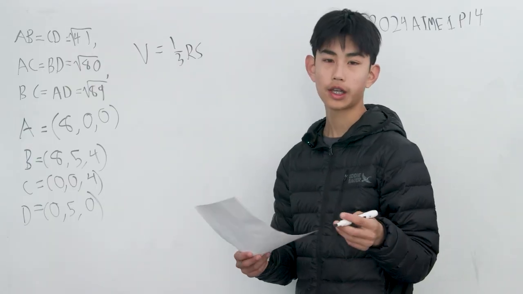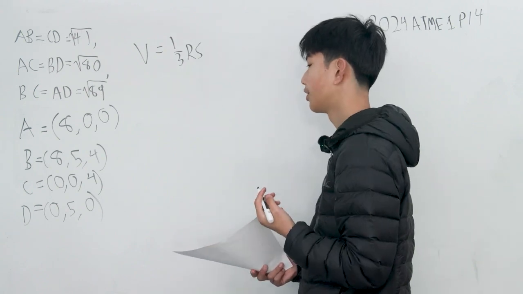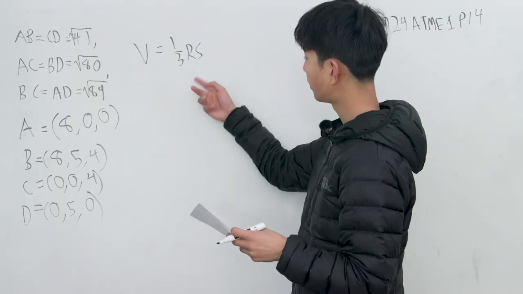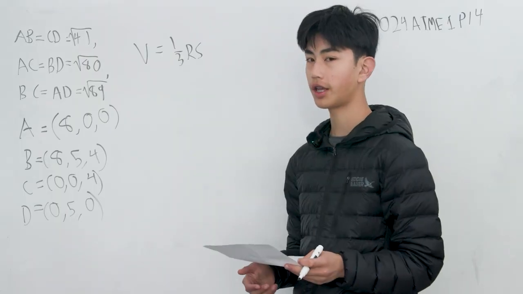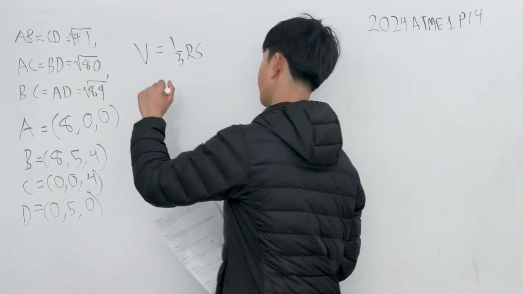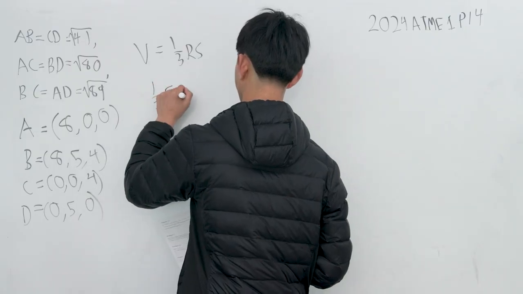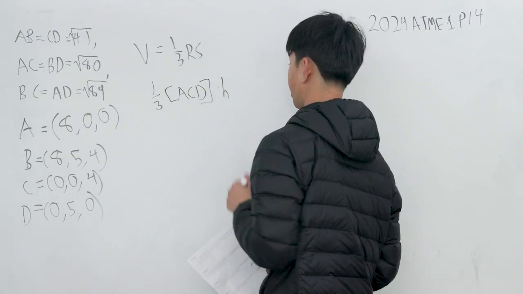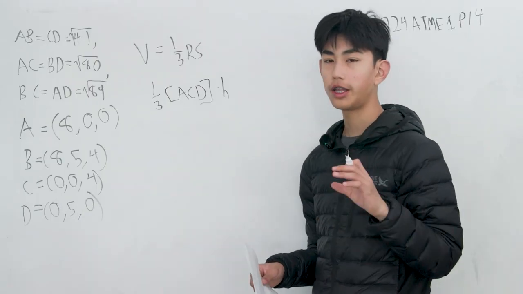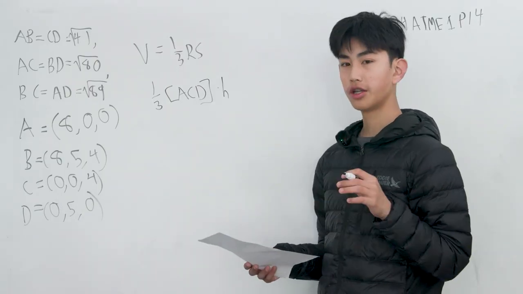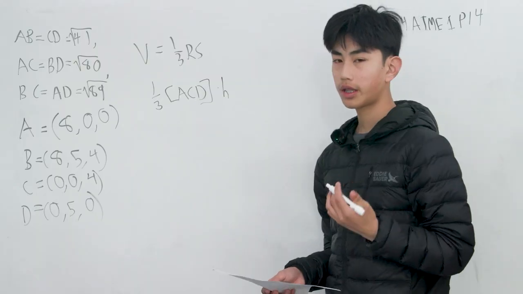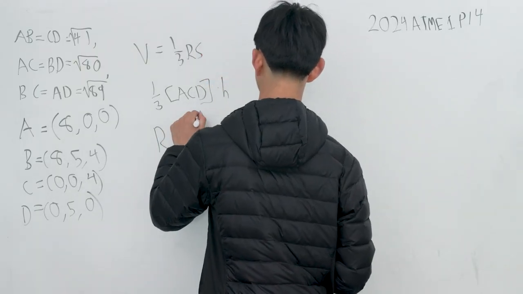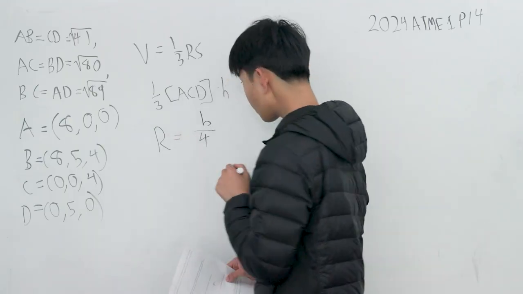Since all the faces have equal areas, we can implement this formula and change it to our liking. So we do 1/3 times the area of face ACD times H, where H is the height from plane ACD to point B. We can then find that R is going to be equal to H over 4.